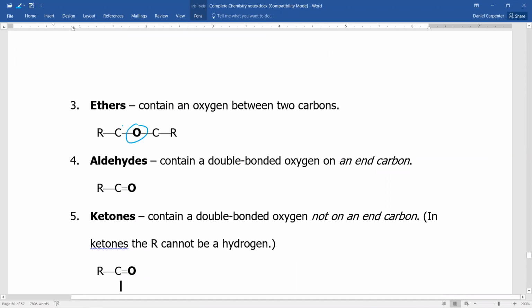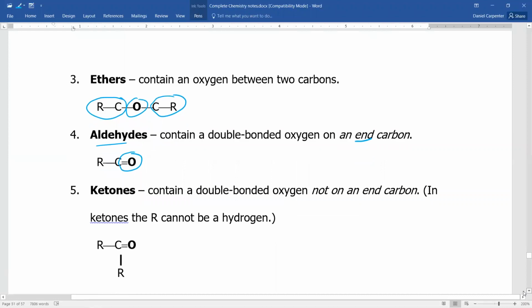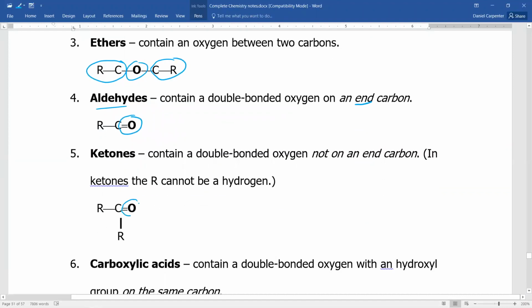Ethers, O between two C's, and remember these can collectively be the R, but only an O between two C's. Aldehydes had a double bonded O, only a double bonded O on an end carbon, and ketones, only a double bonded O, not on an end carbon.